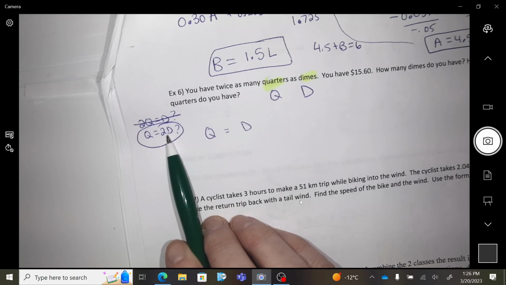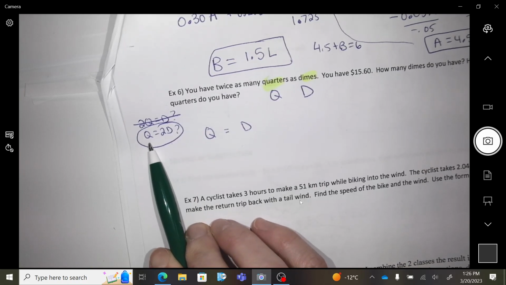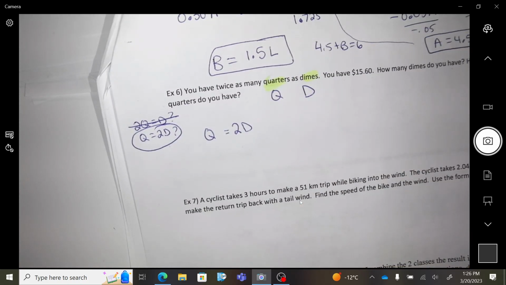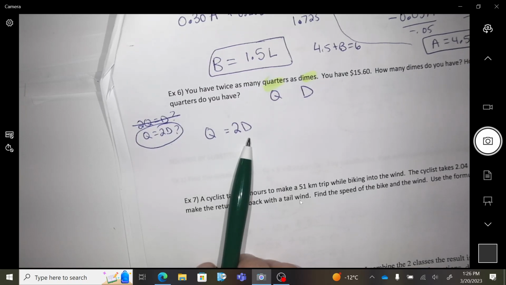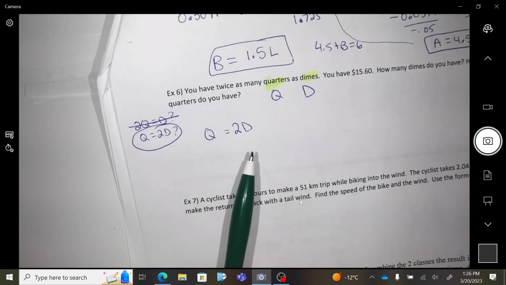Does this make sense? If you had 15 dimes and plugged that in, your quarters would end up as 30. You have twice as many quarters as you do the dimes. So your quarter equals doubled your dimes.